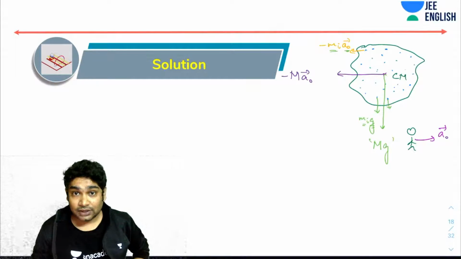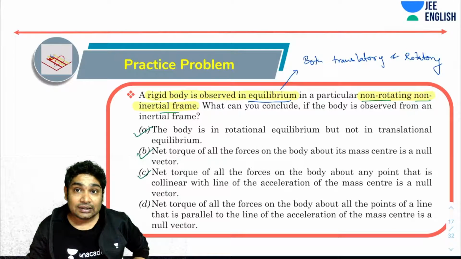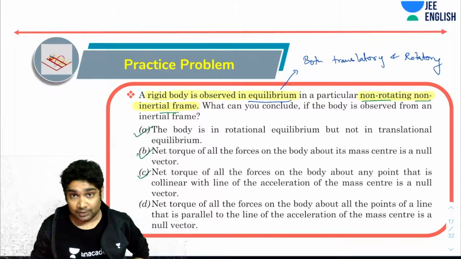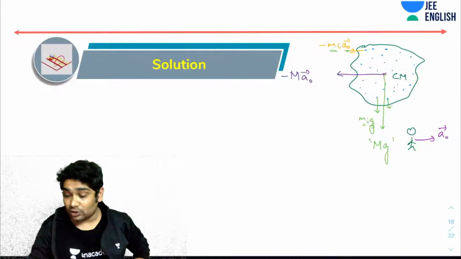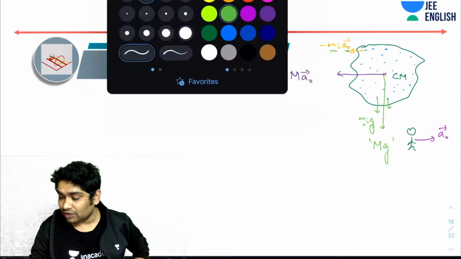Now, what has been given to me in the question? I have been told that this body is observed to be in equilibrium. So if this body is observed to be in equilibrium, can I say the acceleration of CM with respect to the observer is 0?